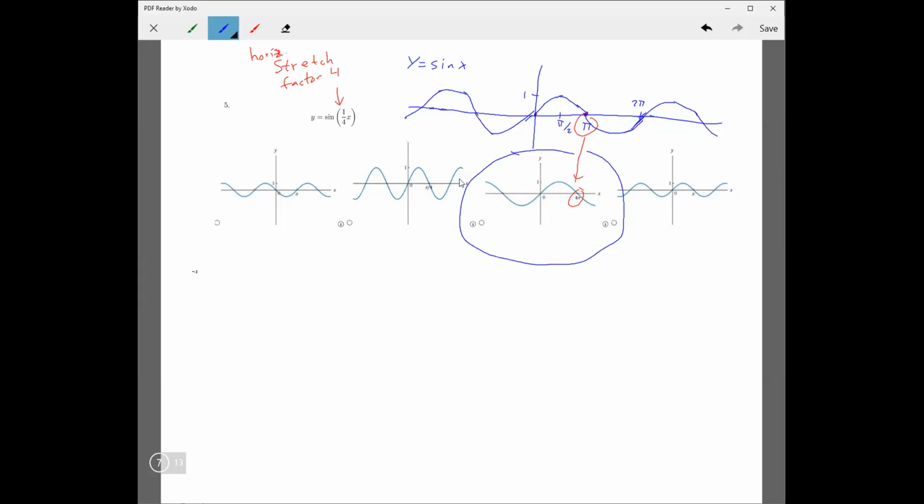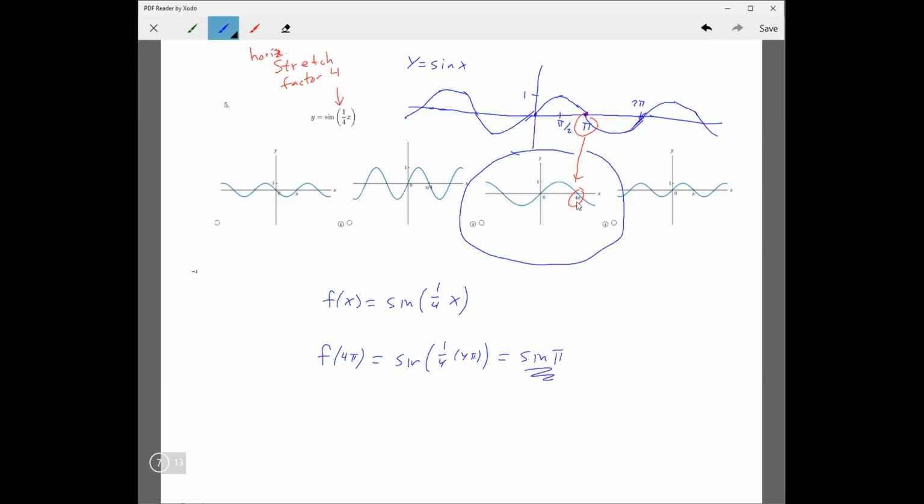Okay, so the idea is, if you think about this some more, that if f of x is sine of 1/4 x, then f of 4 pi is going to be sine of pi.